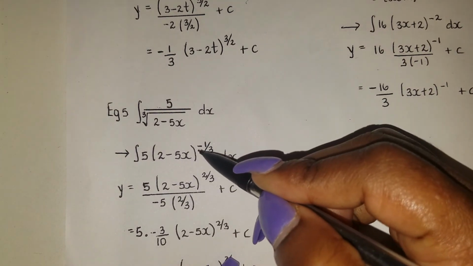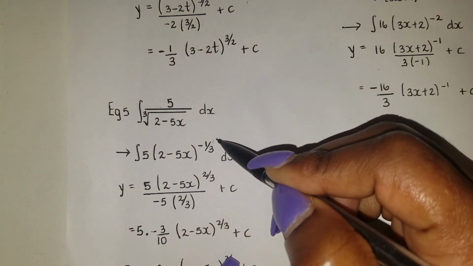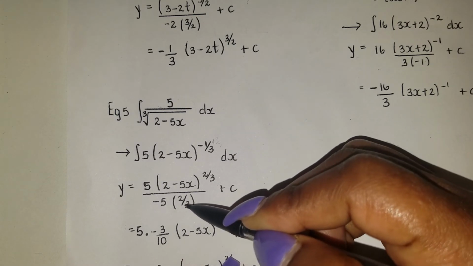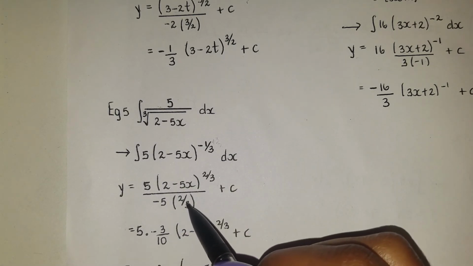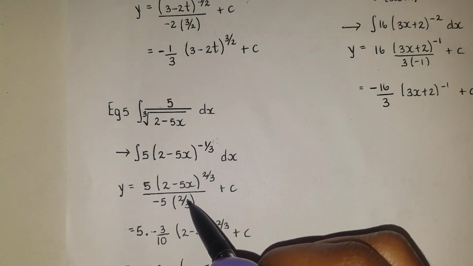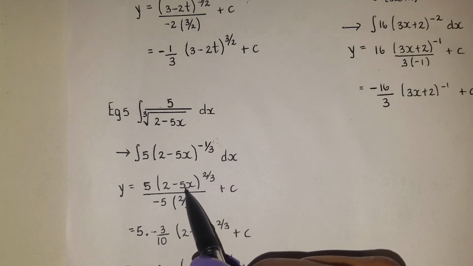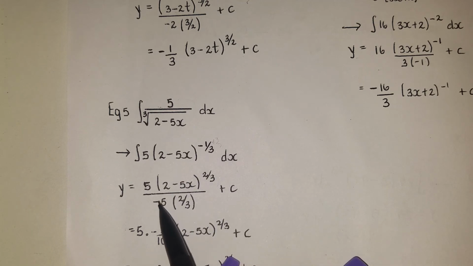We'll add 1 to our power, or add 3/3 to get 2/3, and we divide by 2/3. But that 2/3 is going to get multiplied by the coefficient of x, which is a -5. So -5 times 2/3 is a -10/3.